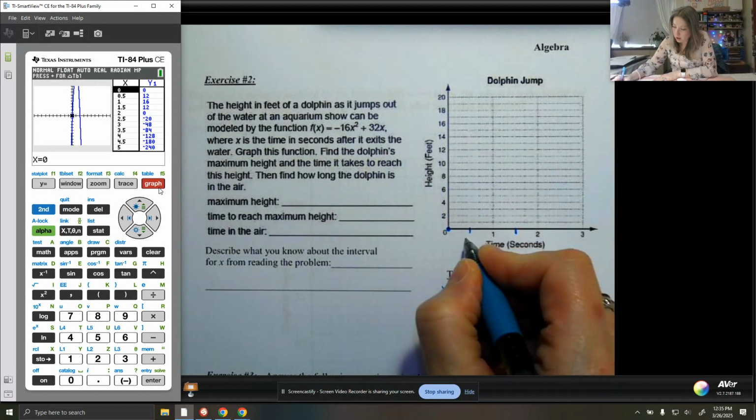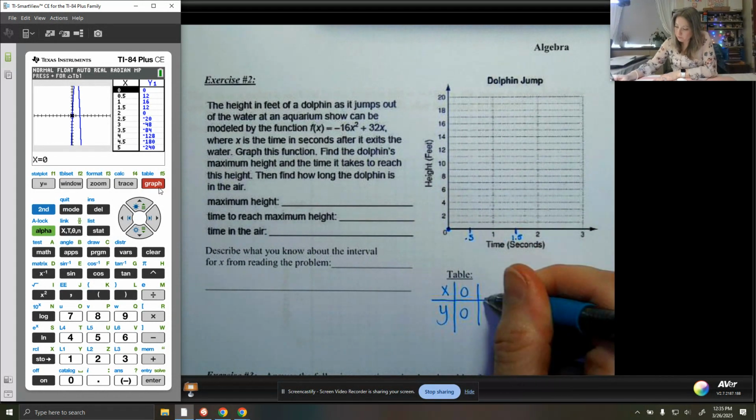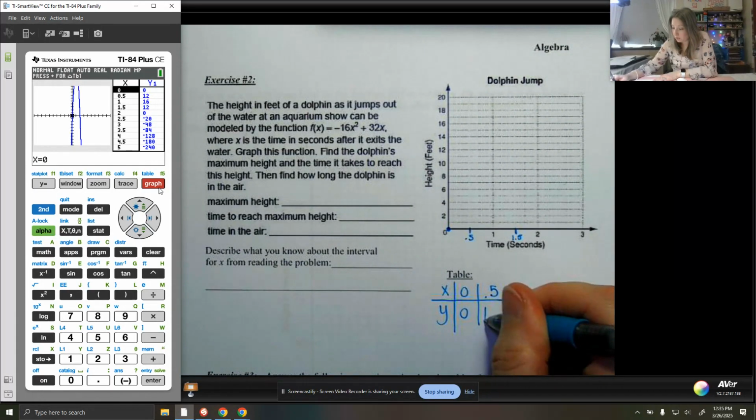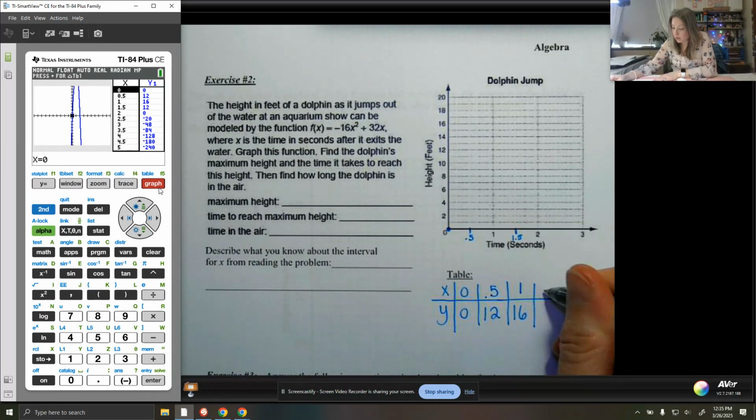This will be 0.5. This is 1.5. At 0.5 seconds, the dolphin is 12 feet high. At 1 second, the dolphin hits its maximum height of 16 feet. Then at 1.5, we're back down to 12 feet high. And at 2 seconds, we are back hitting the water.